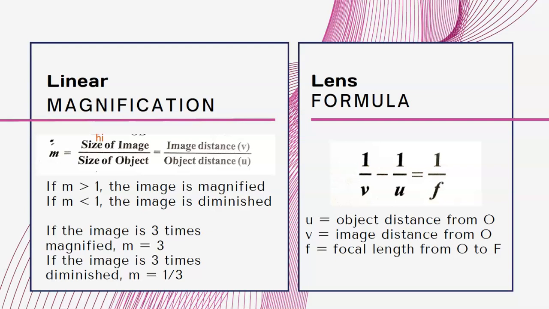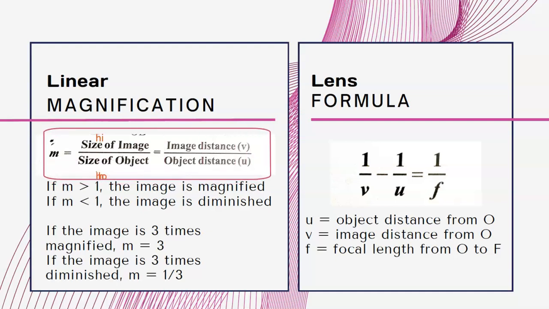I write it here. So magnification M is equal to HI upon HO. It is also equal to V upon U. So remember 2 equations for magnification.